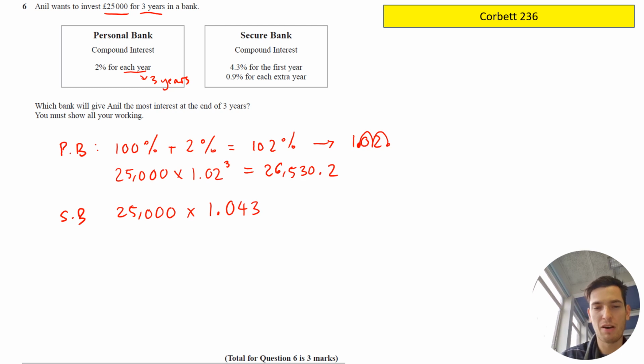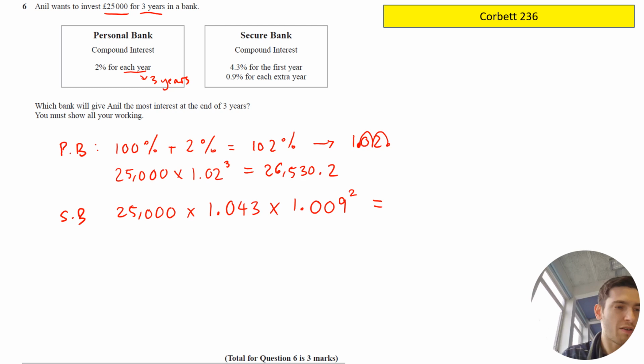And then I'm going to get my answer, and then I'm going to times that by 1.009 to the power of 2, because it is for 3 years in total, and I've already done 1 year at 4.3%.